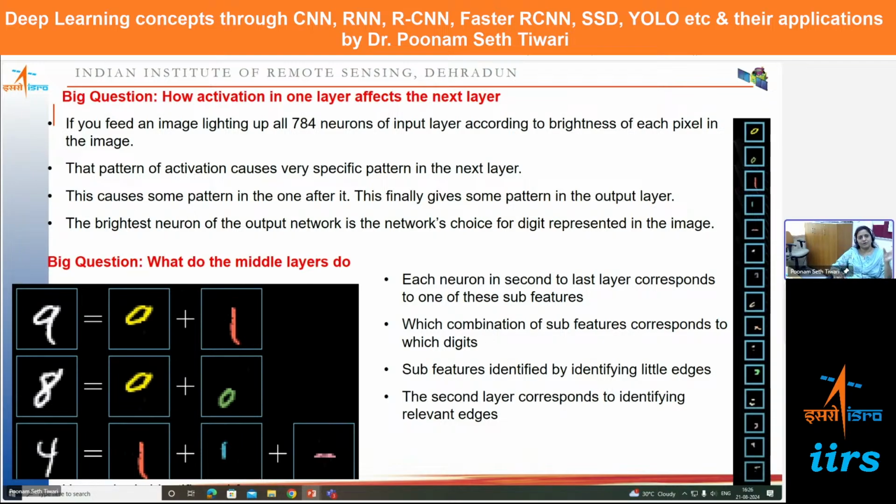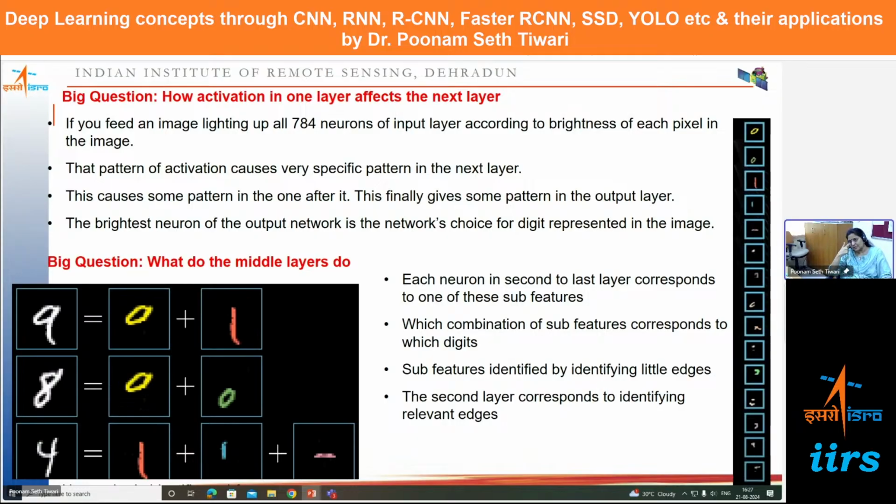This pattern of activation causes a very specific pattern of activation in the next layer based on the activation in the first layer multiplied by the weights. The second layer activation causes a very specific pattern in the third layer and final layer, and so on. In the final layer, the brightest neuron of the output network is the network's choice for the digit represented in the image. Now, what is happening in the middle layers?